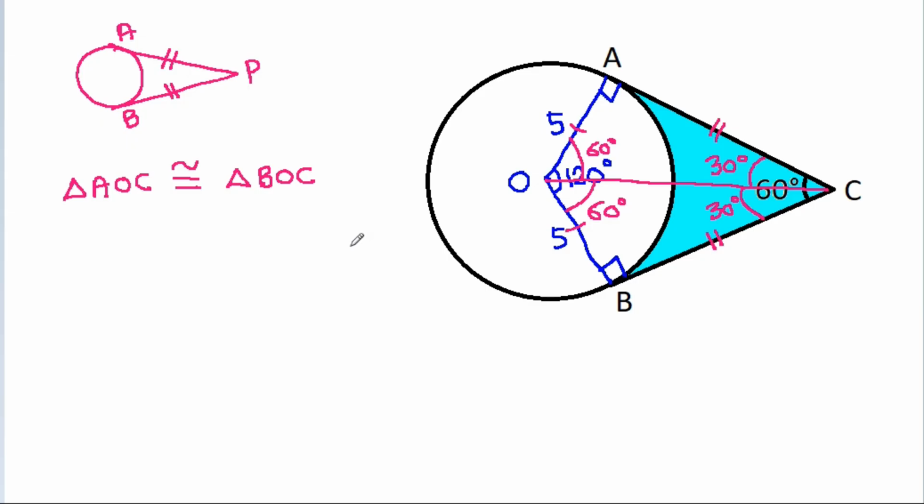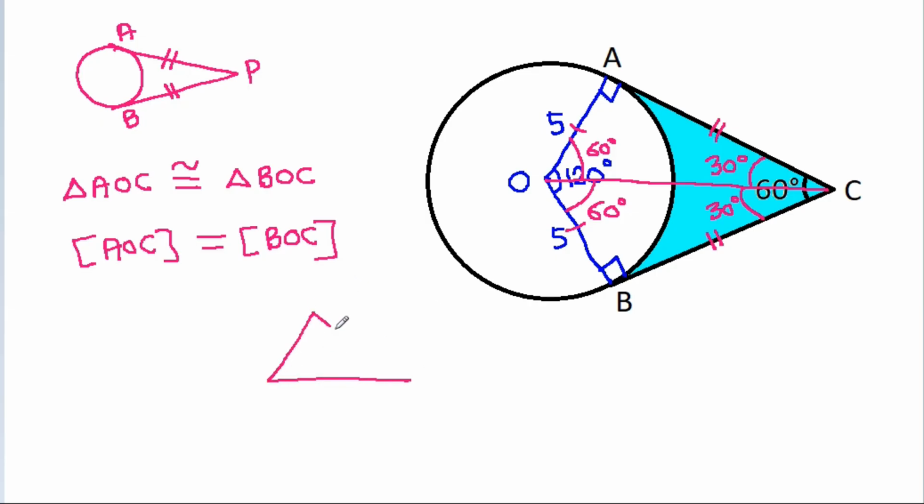And also area of AOC will be equal to area of BOC. And in triangle AOC, this angle is 30 degrees, AO is 5, and this angle is 90 degrees.